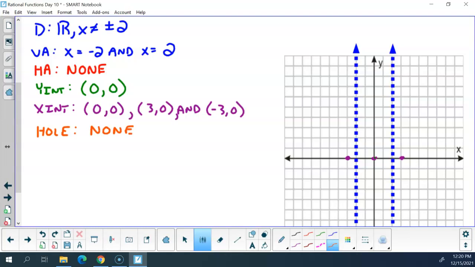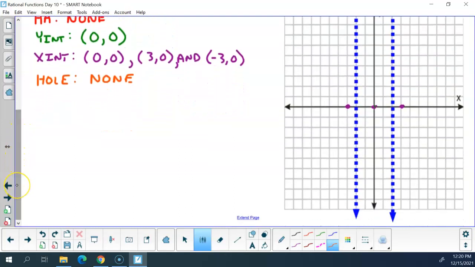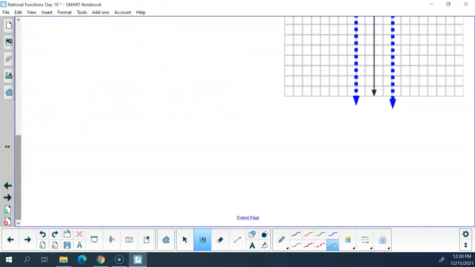Now, because we have no horizontal asymptote, do we have a slant asymptote in this particular case? Yes, we do, because the degrees differed by 1, right? So that means we are going to have to do some synthetic division. Can we do some synthetic division?